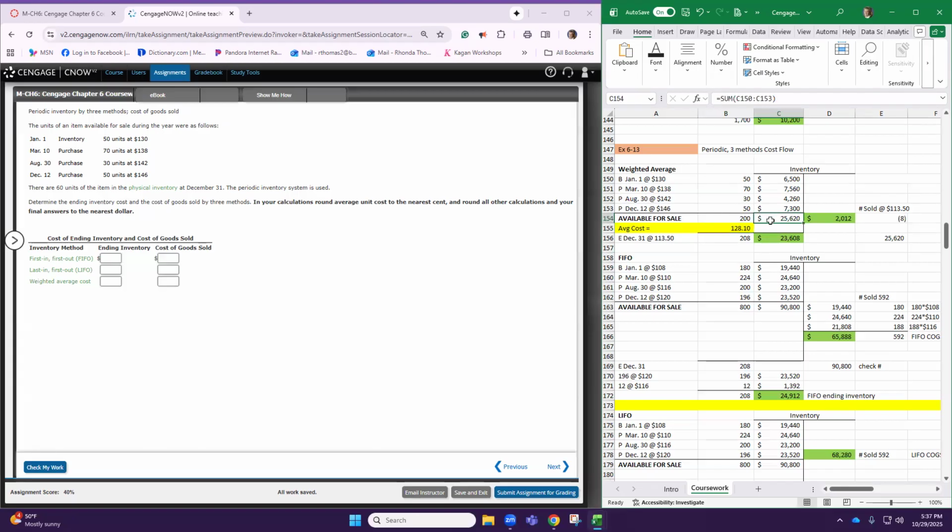Let me double check here where I'm at. 200 units, $128.10. I'm not sure because, okay, hang on just a minute and let me back out of this here before I mess something up.